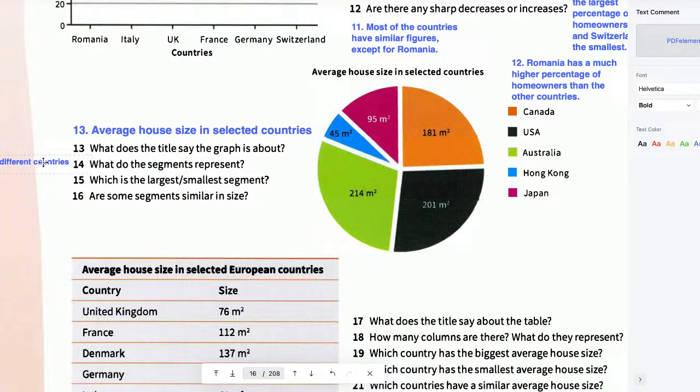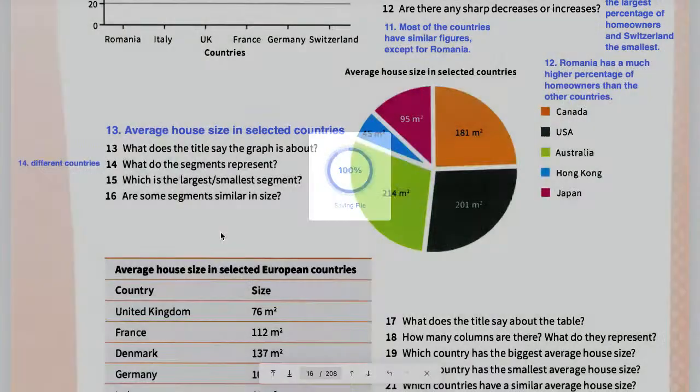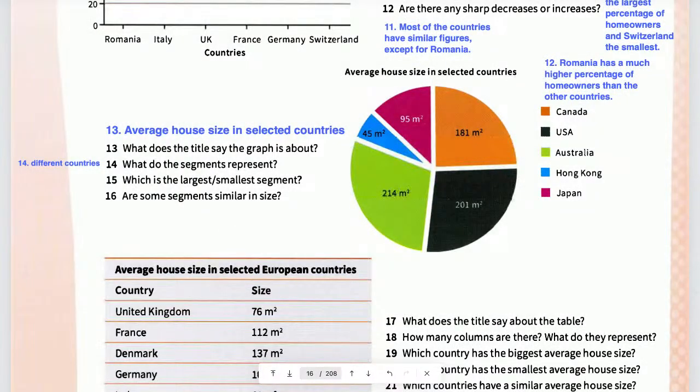Okay, now number 15, Ngọc Anh. Which is the largest and smallest segment? So which one is the largest segment? The largest segment is Australia and the smallest segment is Hong Kong. Yes.